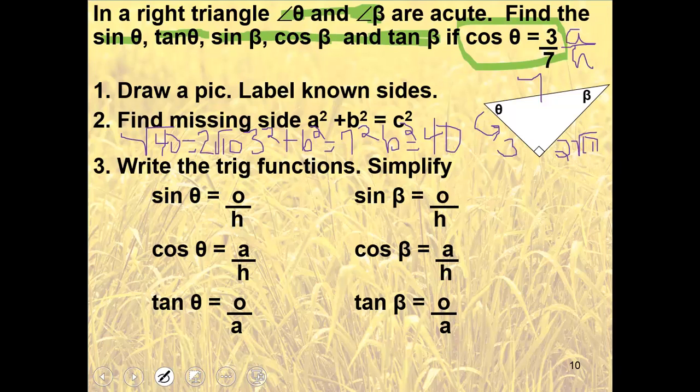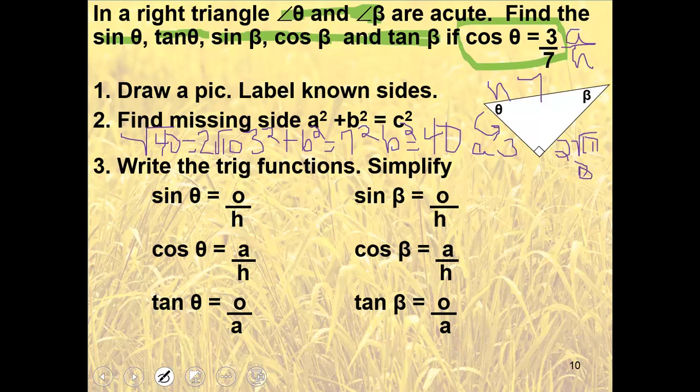In hopes of saving a little time, I'm going to do theta, and you can do beta on your own, and I can give you those tomorrow in class. For theta, we label the side opposite, the side adjacent, and of course the hypotenuse. The trick to these problems is recognizing what they give you. It's kind of incognito, but they give you 2 of the sides.